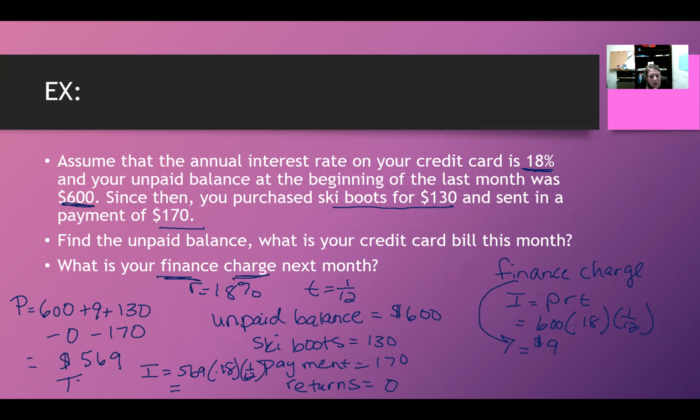When you do that, I would do this 1/12 on the calculator first. So get that number, 1/12, multiply it by 0.18, then multiply it by 569, and you should end up with a finance charge of $8.54.